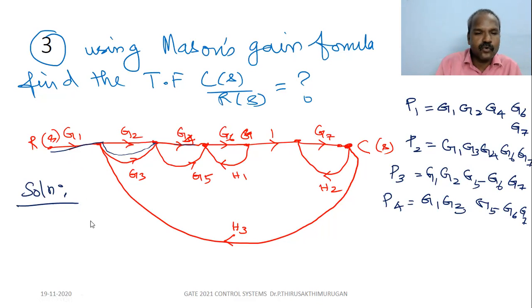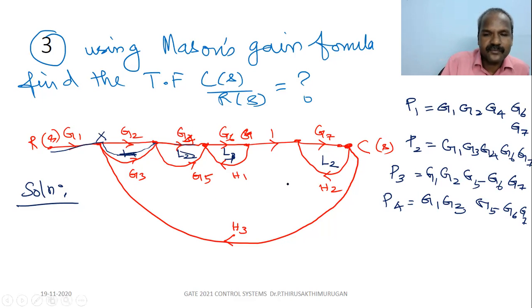So what is the number of loops? There are 6 loops: L1, L2, L3. This is one loop, L1. This is loop L2. The first loop from here, G2, G4.